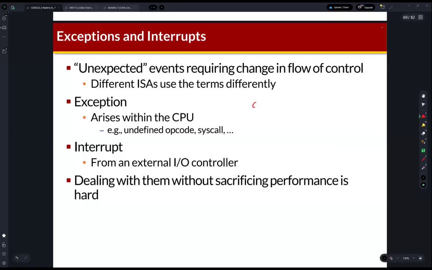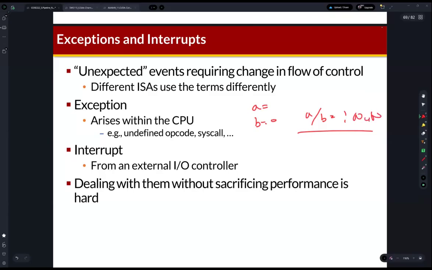For example, A is some constant value and B is 0, and then A divided by B. This is not a number. We cannot define the result of dividing by 0. So in a processor design, this is an unexpected event, right?